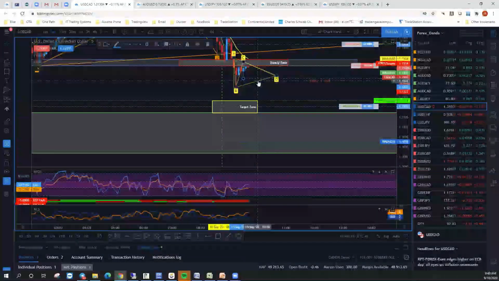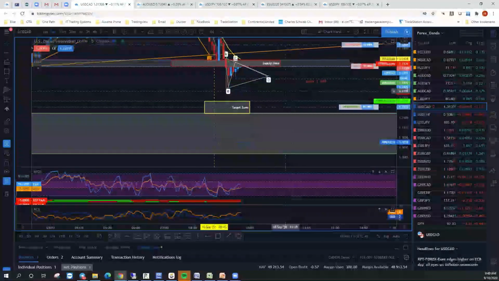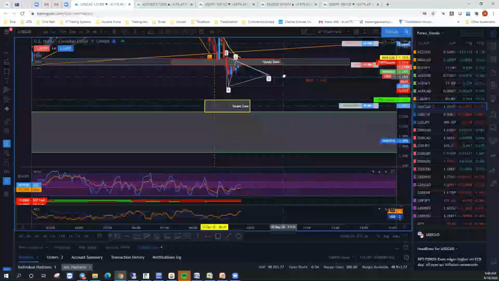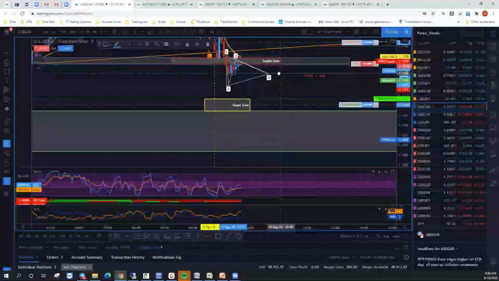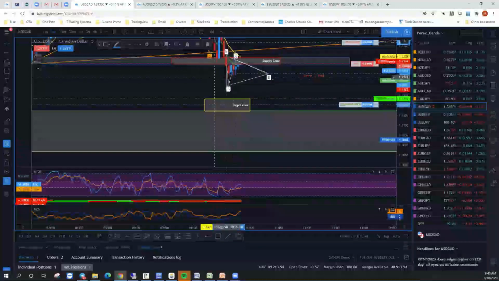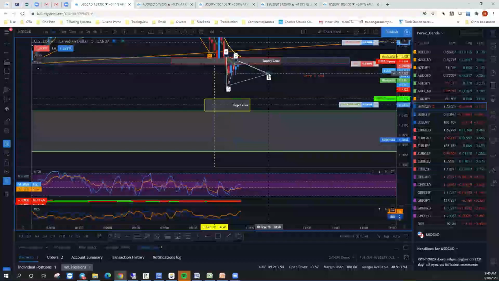I'll make this one white because this was more of a trending type of thing. I try to change colors to have things color coded. And so I'd be looking at a close below this blue candle and somewhere below this red candle, somewhere in this area right here, to continue the short.